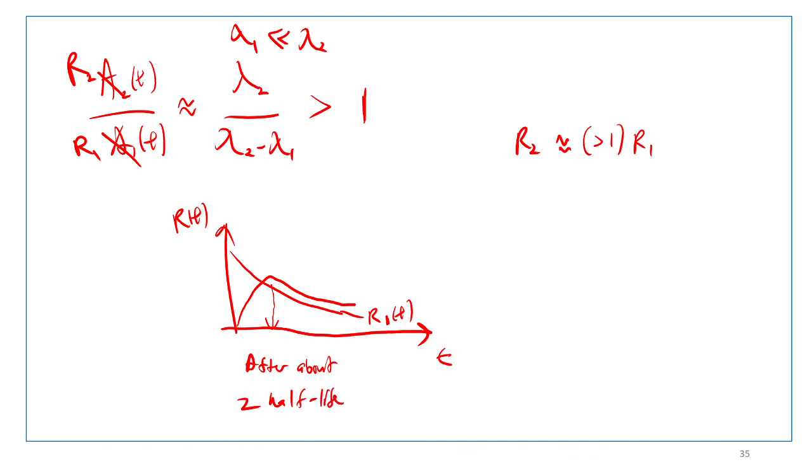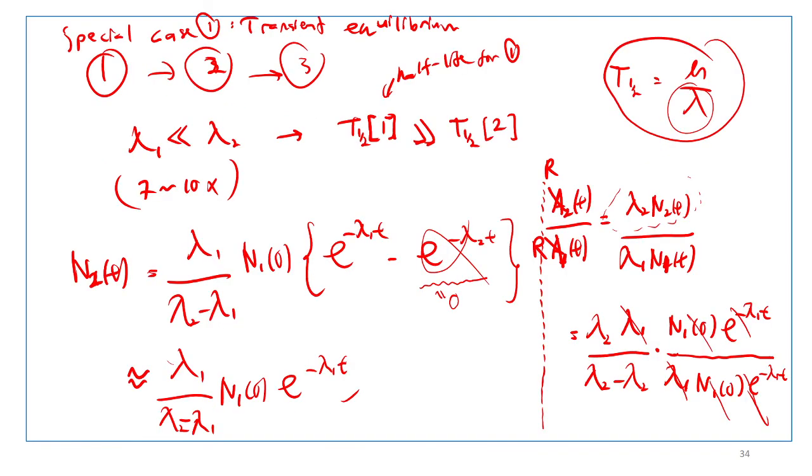So this is r2, the activity of r2 will follow the activity of r1. This is the case that we call transient equilibrium.